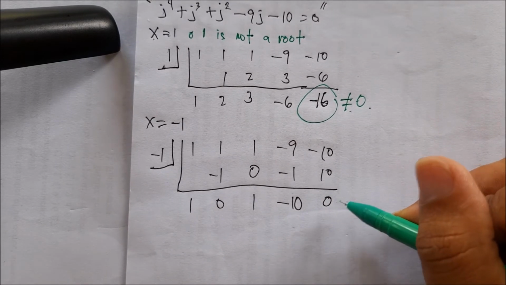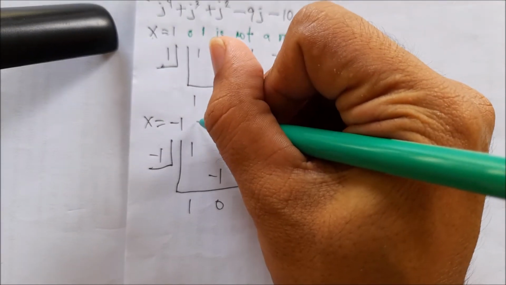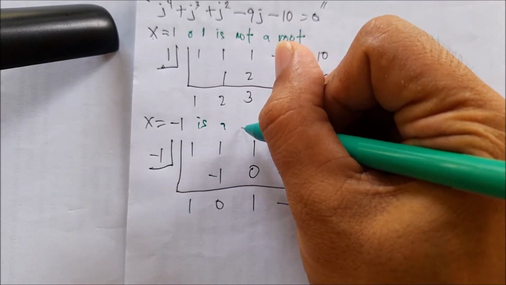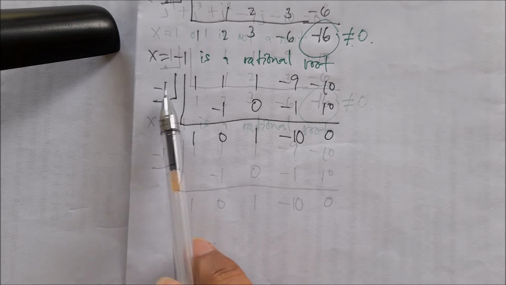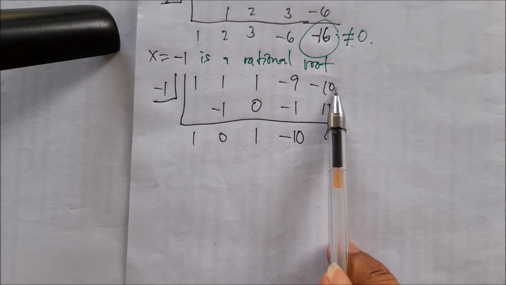Since the remainder is 0, -1 is a rational root. This is the divisor, this is the quotient, and this is the dividend.